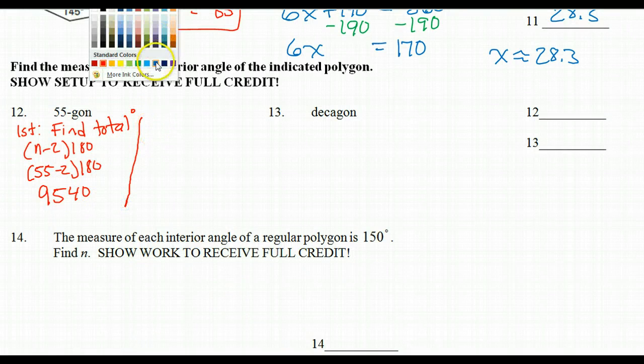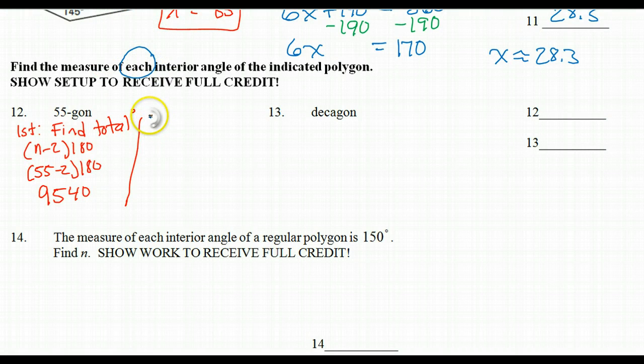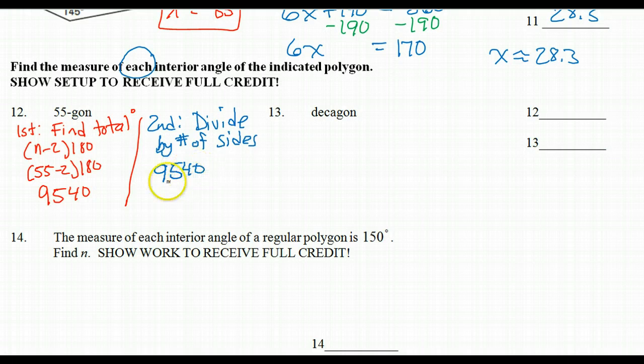Time for the next step. Second, divide by the number of sides. Why can I not spell divide? Divide by the number of sides. Okay, so that's going to be 9,540 divided by 55.